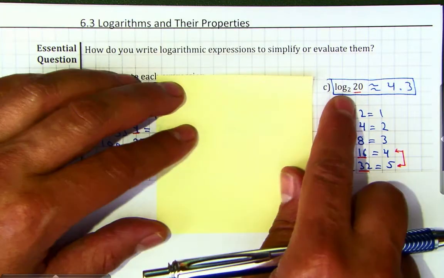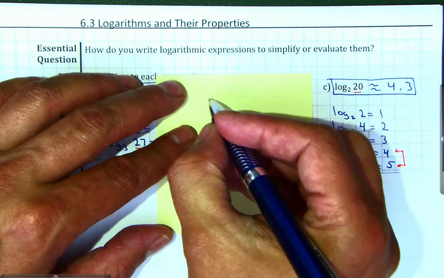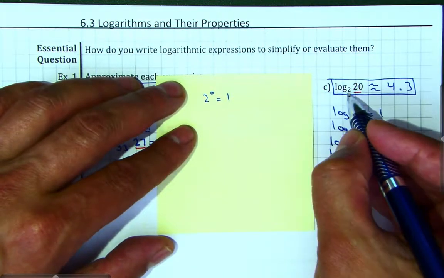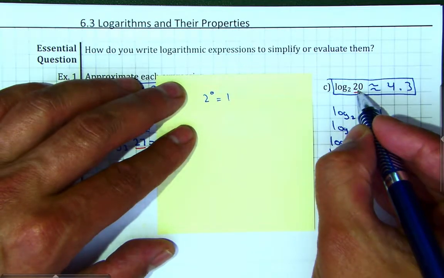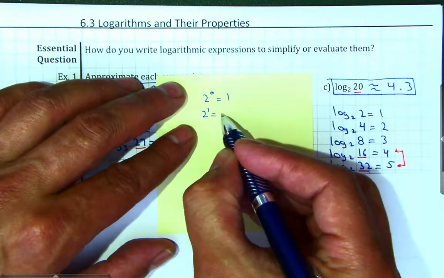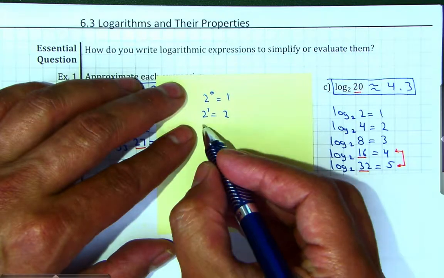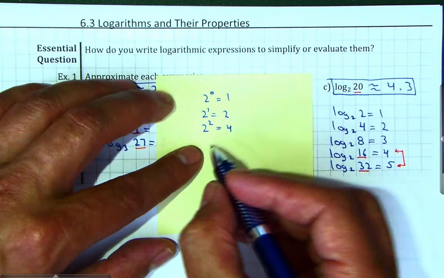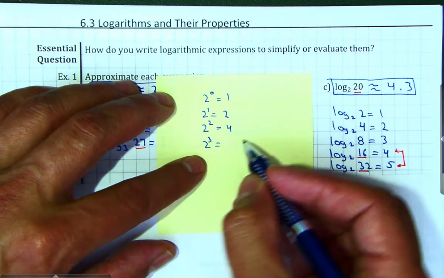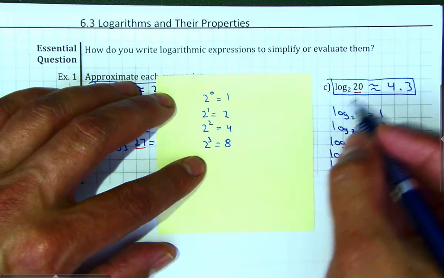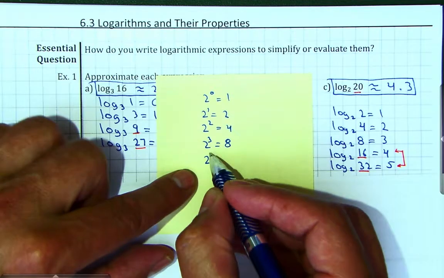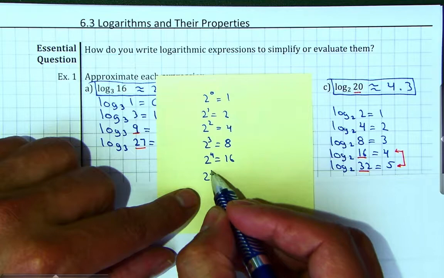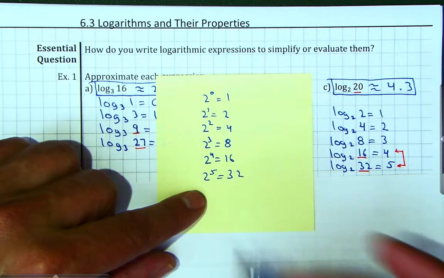So the base is 2. So you can start. 2 to the 0 is 1, too small, I need 20, because 2 to what exponent gives you 20? 2 to the first power is 2, I need 20. 2 to the second power is 4, too small. 2 to the third power is 8, too small. 2 to the fourth power is 16, too small. 2 to the fifth power is 32.